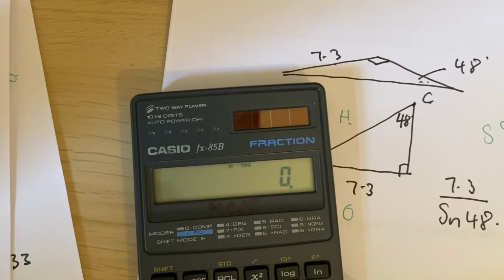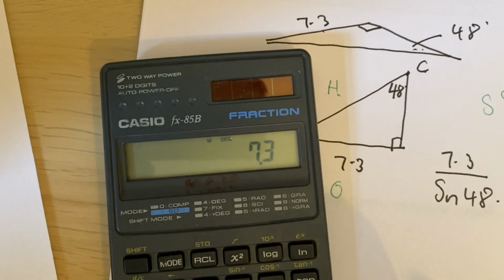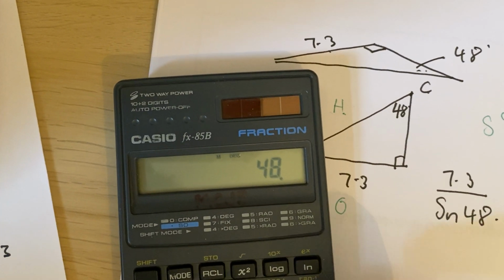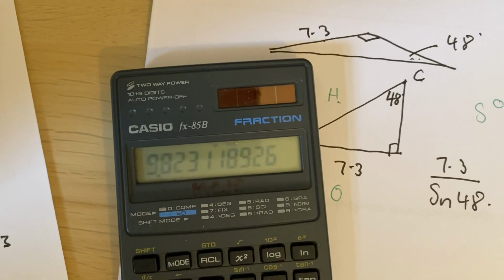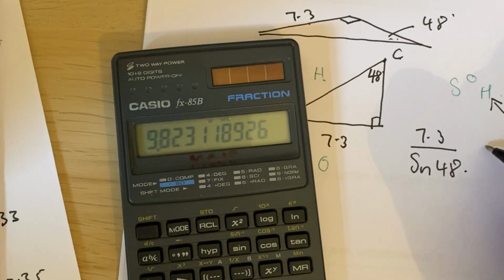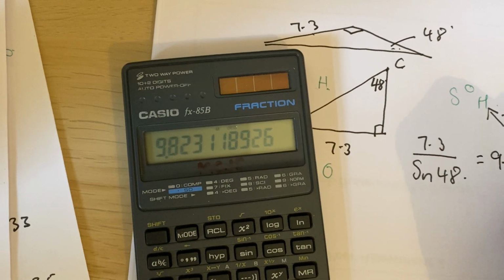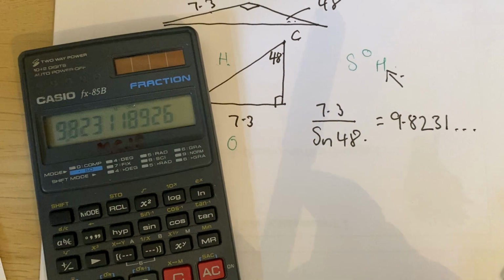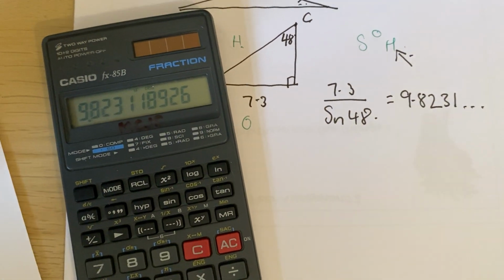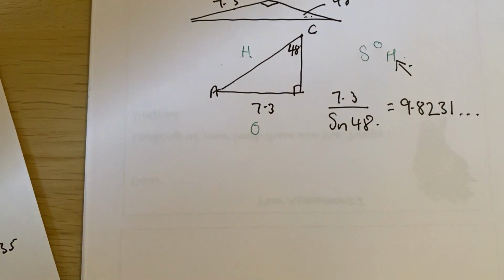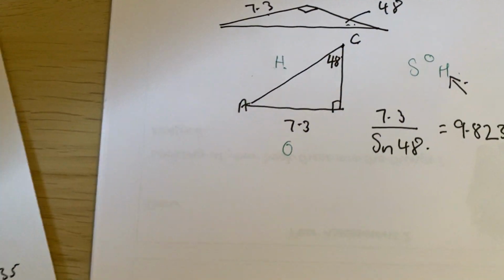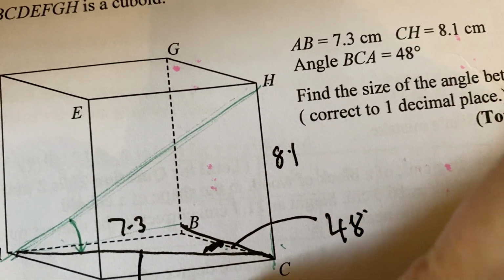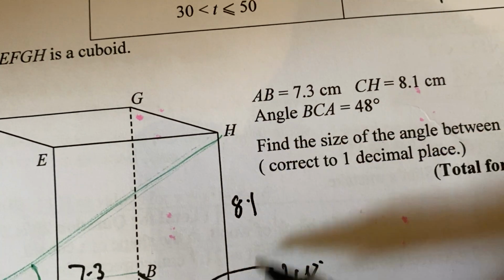Now this is a lesson in using your own calculator and knowing how your own calculator works. So there we go. So the hypotenuse is 9.8231, etc. And the thing is, don't round up until the very, very end. If you do that, you'll make silly mistakes. So take this lovely calculator away, and we now know that the hypotenuse, this length here, is going to be 9.8... And we know that length there.